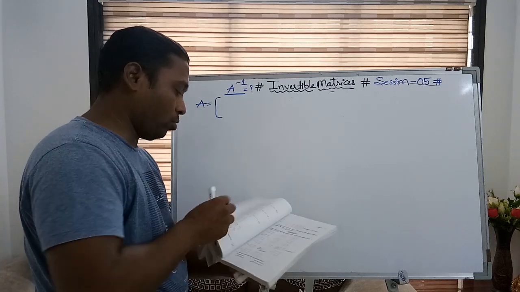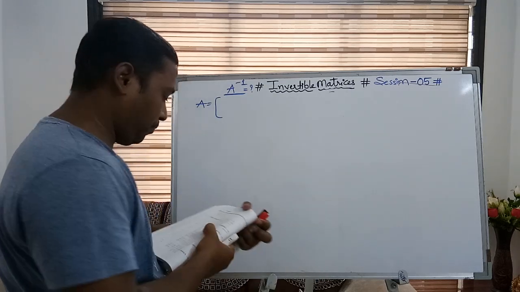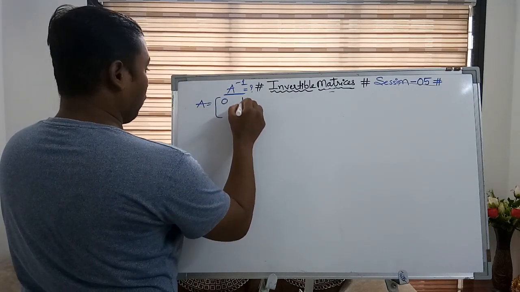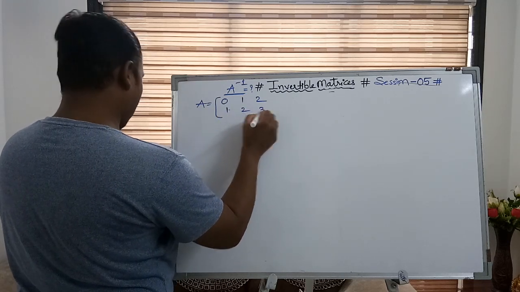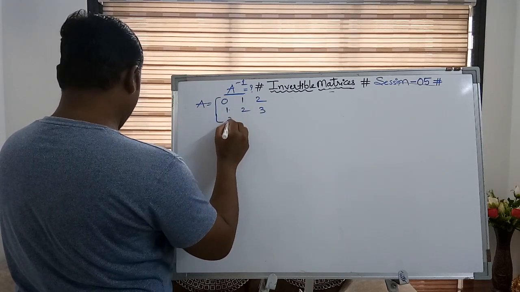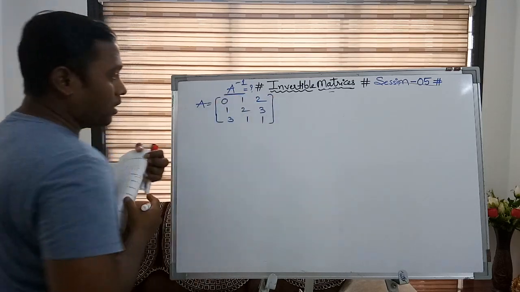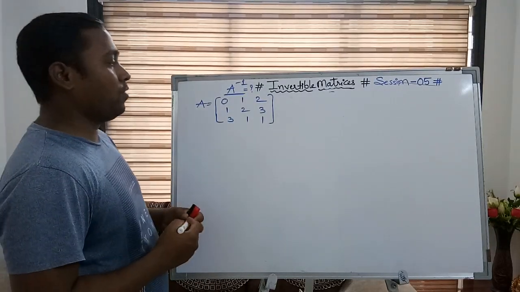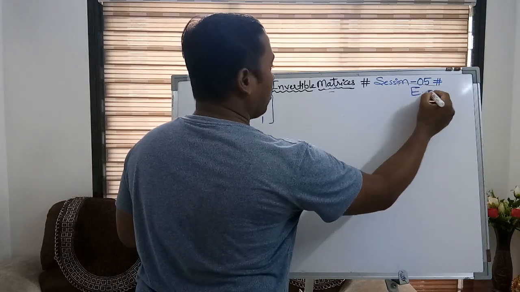I am taking a textual question so that we must be very clear. Now we need to find the inverse of this square matrix with the help of elementary row operations.